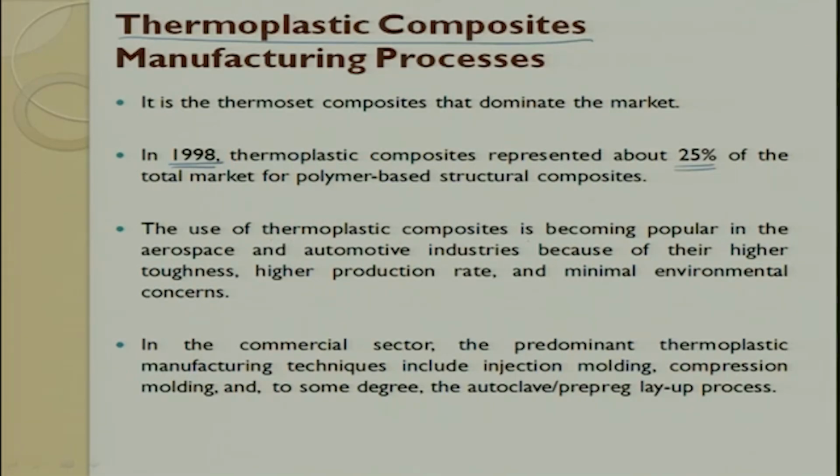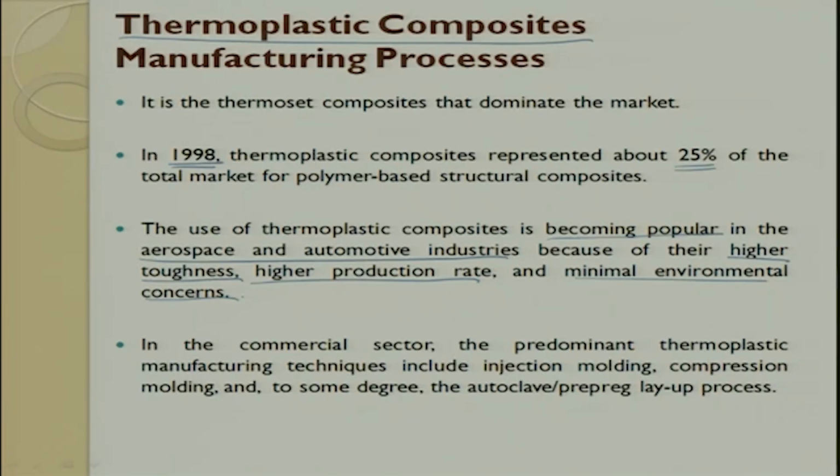The thermoplastic composite is becoming popular in aerospace and automobile engineering because of its higher toughness, higher production rate and minimal environmental concerns. These are the three things which are pushing very hard to get into thermoplastic composites. So, aerospace and automobile are big giant industries where they slowly push and then rest of the market follows them.